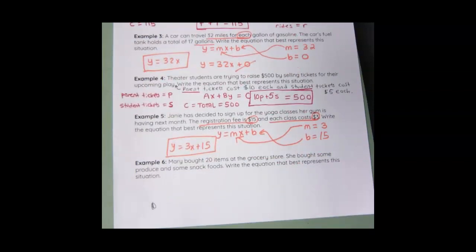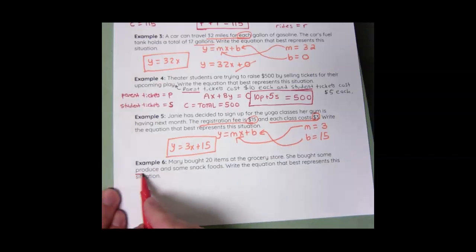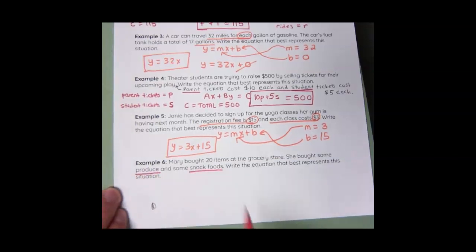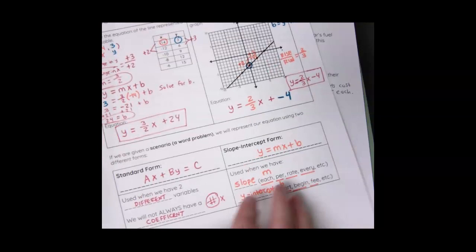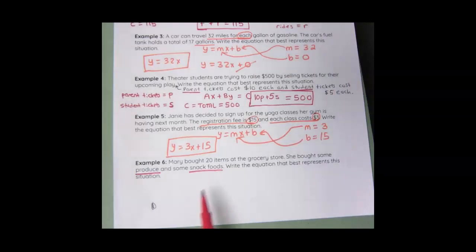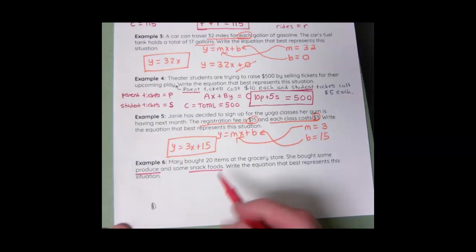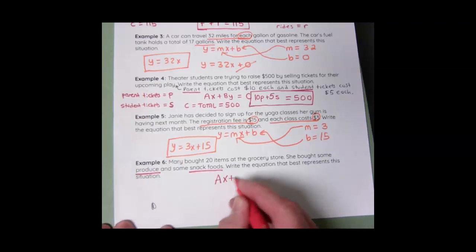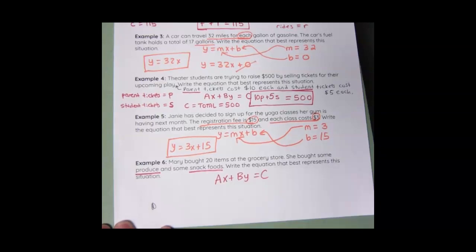Mary bought 20 items at the grocery store. She bought some produce, one variable, and some snack foods. So we have two separate variables here. Remember, standard form calls for two different variables. So when we have two different variables, we're going to use standard form: AX plus BY equals C. Okay, so what are our two variables?